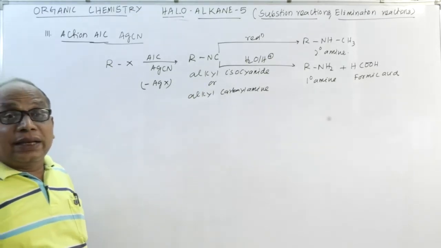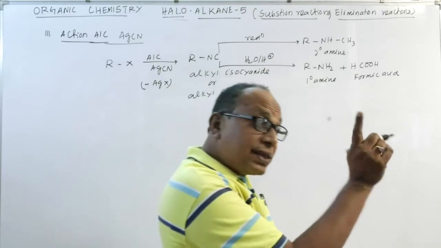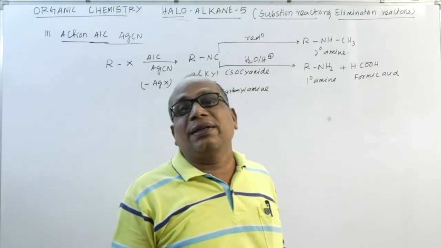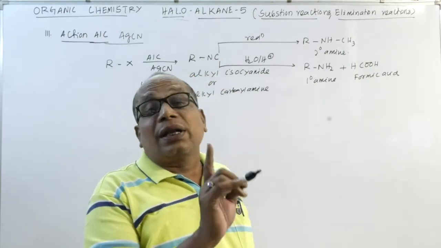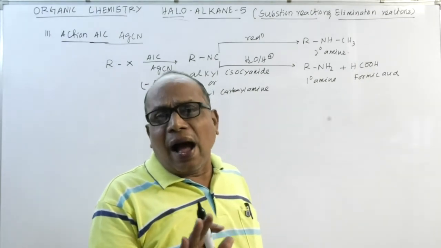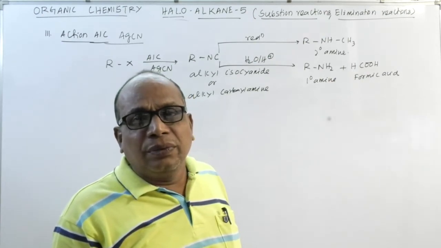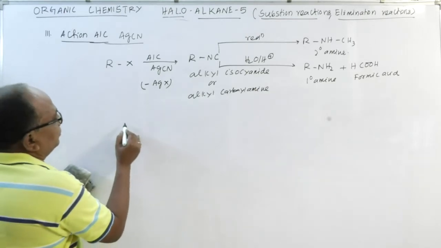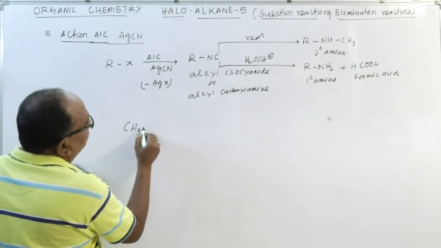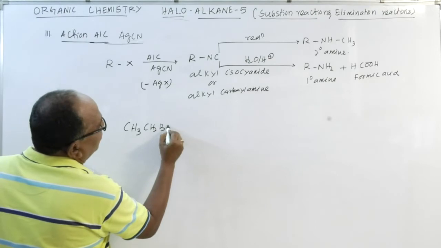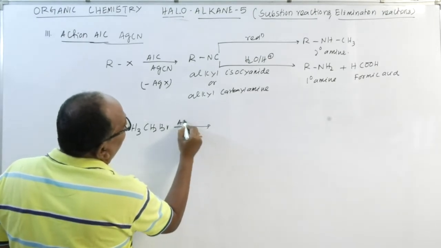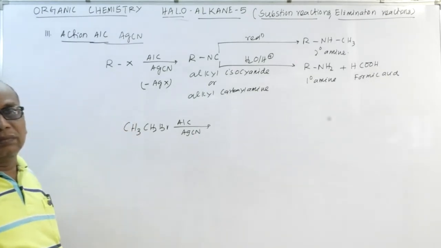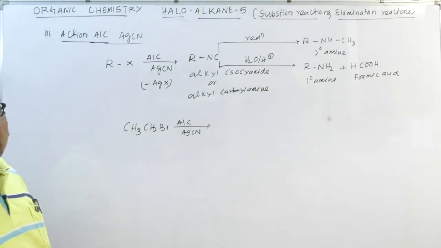You see, the reaction of alkyl halide with KCN and the reaction with AgCN are quite different, although KCN and AgCN are almost the same compound. We will discuss how they are different. Suppose you take ethyl bromide and react it with an alcoholic solution of AgCN. Can you write the product?